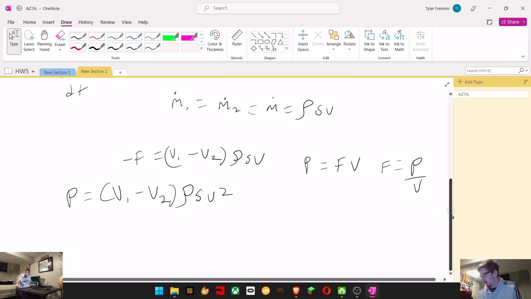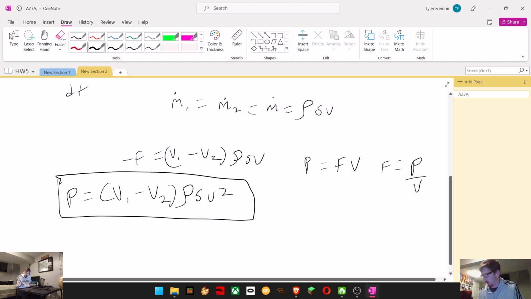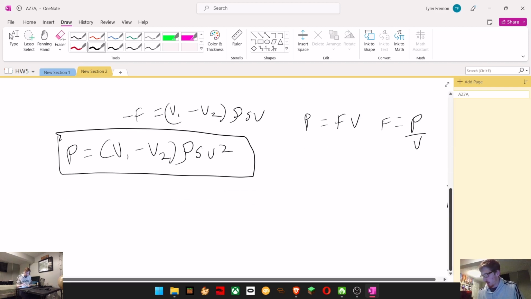And then we can do the same thing with the kinetic energy balance. And actually, let me put a box around this so we can find it easy, because we're going to be using that again later. But we know that our power is equal to the change in kinetic energy over the mass times the mass flow rate.